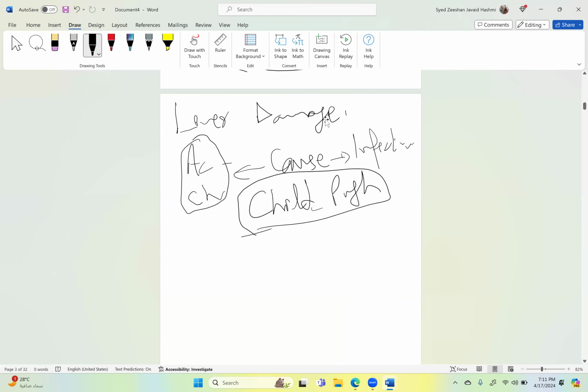Okay, so there are certain things: bilirubin, encephalopathy, albumin. Okay, and INR. Okay, and what am I missing? Bilirubin, encephalopathy, ascites.